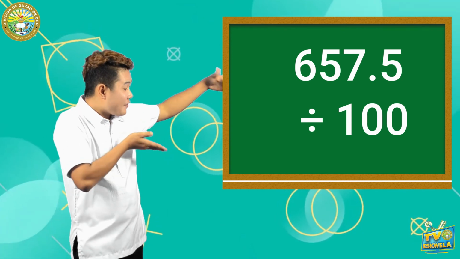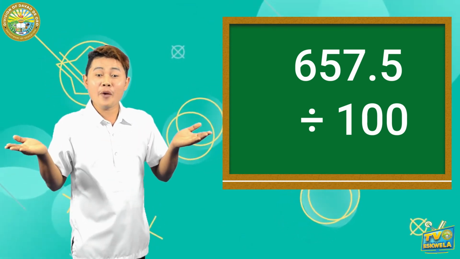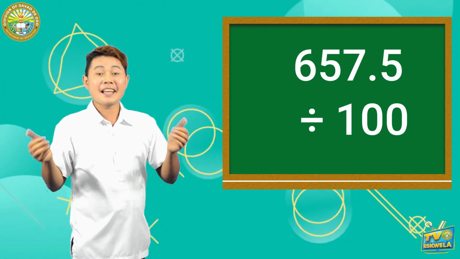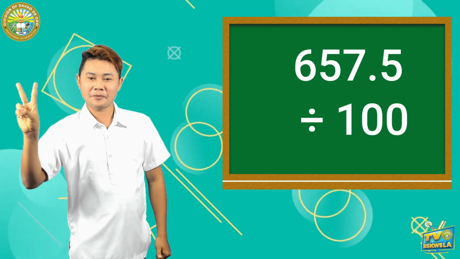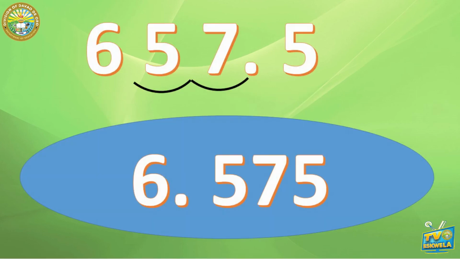In our dividend, how many places are we going to move? Yes, correct. 2 places also. 1, 2. Therefore, our answer is 6 and 575 thousandths.